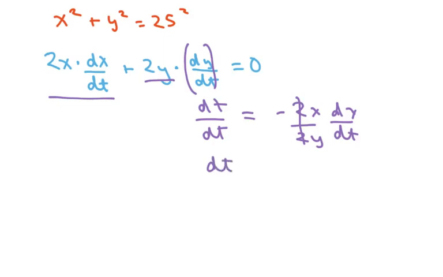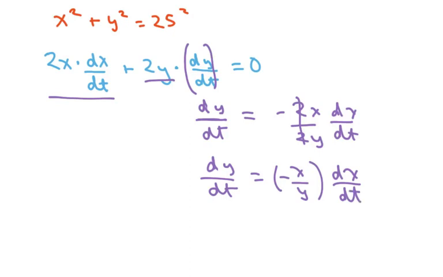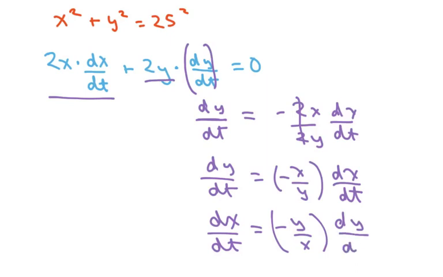Basically, the derivative of y with respect to time equals negative x over y times the derivative of x with respect to time. Or you could say the derivative of x with respect to time equals negative y over x times the derivative of y with respect to time.